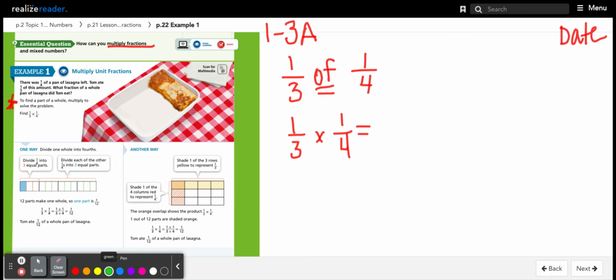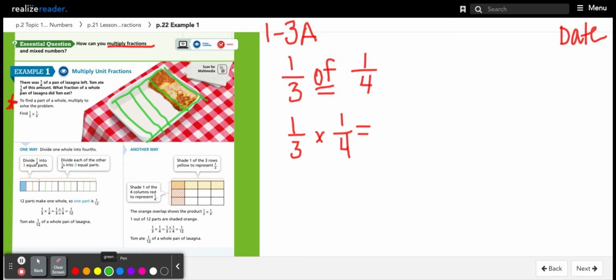So if we look at this picture of lasagna here, it says there was 1/4 of a pan of lasagna left. So that means I can split this pan up into 4 pieces. So here I have my 1, 2, 3, 4 pieces, and there's 1 out of the 4 pieces left. Tom ate 1/3 of this amount.